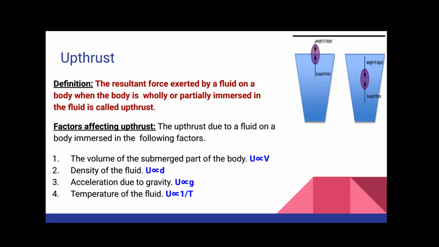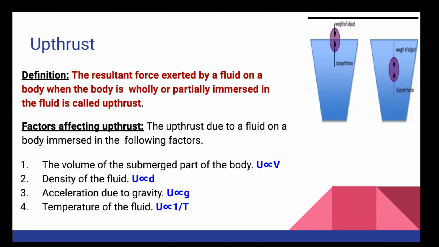We have four factors that affect the upthrust of the liquid. First is the volume of the submerged part of the body, which is also the volume of liquid displaced by the immersed body, since the volume of the submerged portion of the body is equal to the volume of the displaced liquid.